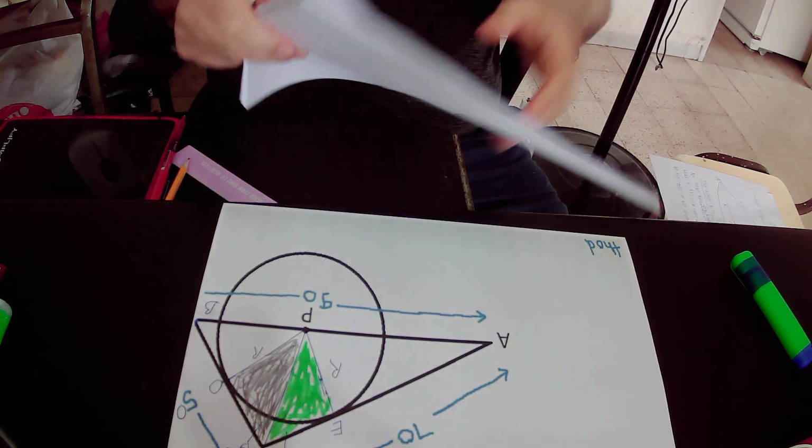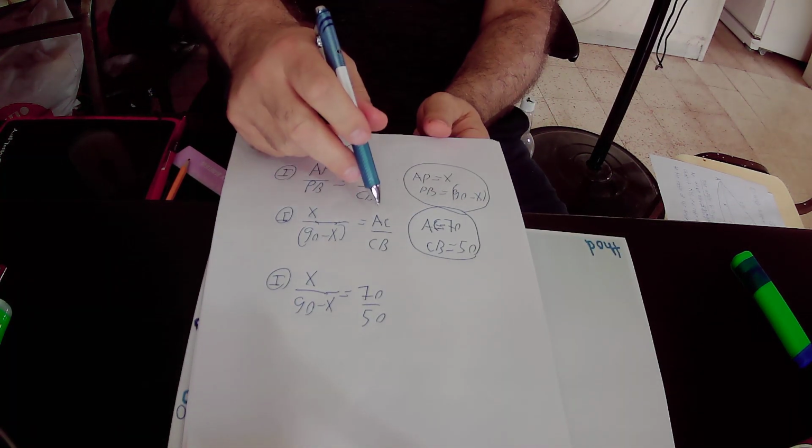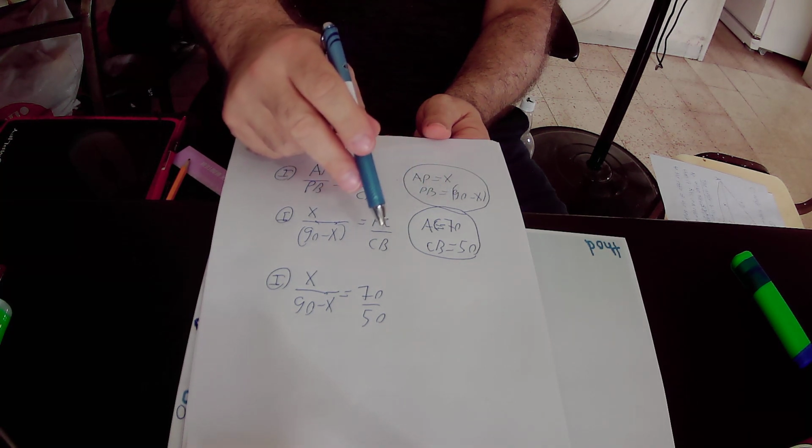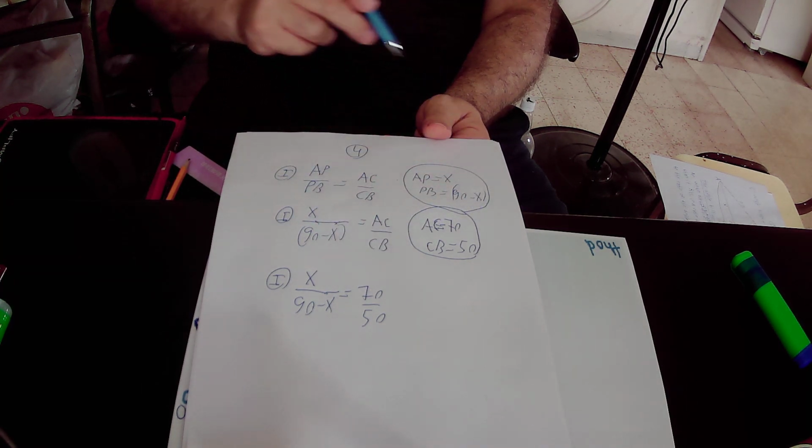Here I substituted AC by 70 because AC equals 70, and CB by 50 because CB equals 50.